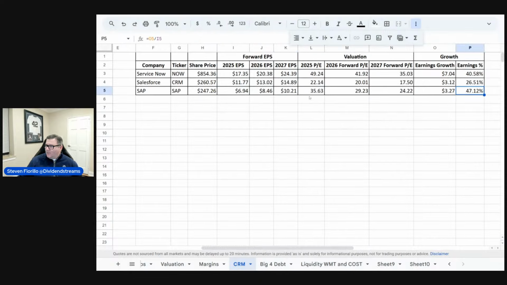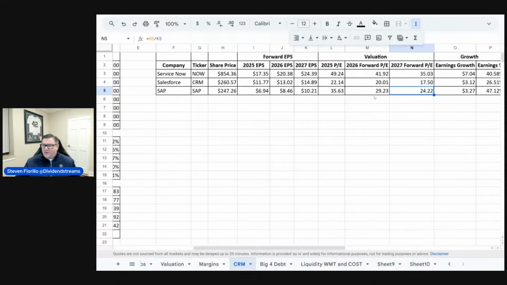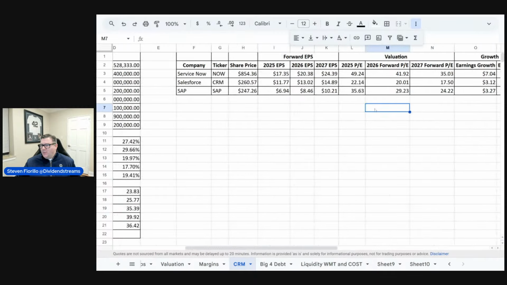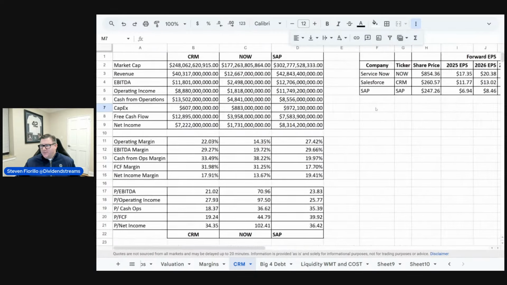Now, where it's trading, I'll tell you what, I'd rather allocate capital to SAP than freaking ServiceNow. SAP is interesting. I think there's probably a little bit more value to be unlocked with Salesforce, but SAP is really interesting. Thank you for bringing that to my attention.